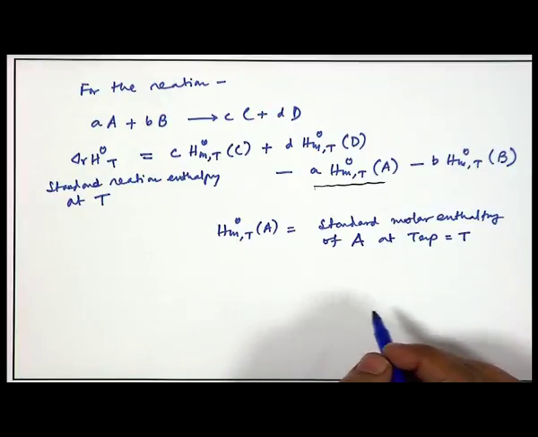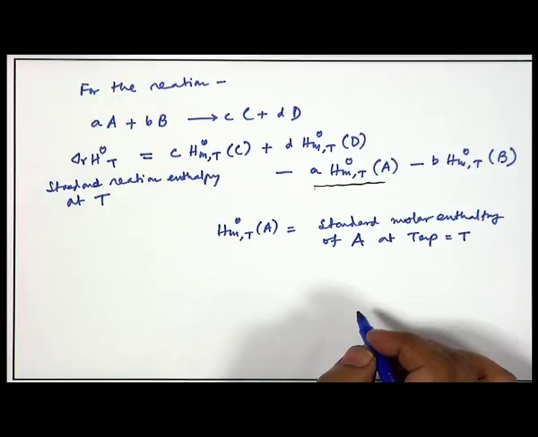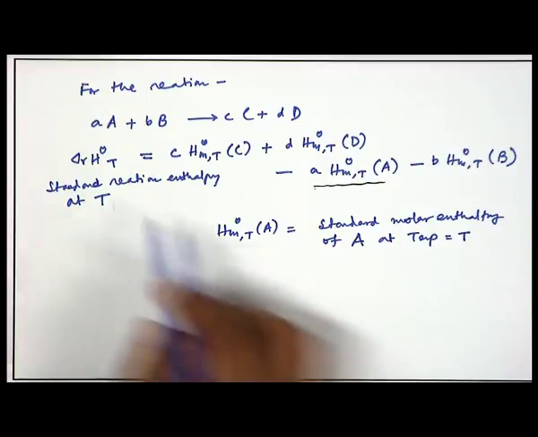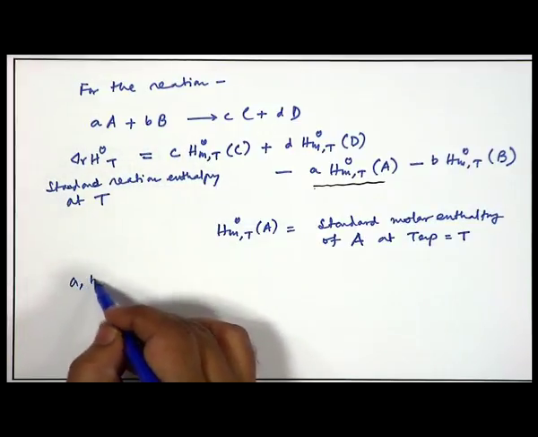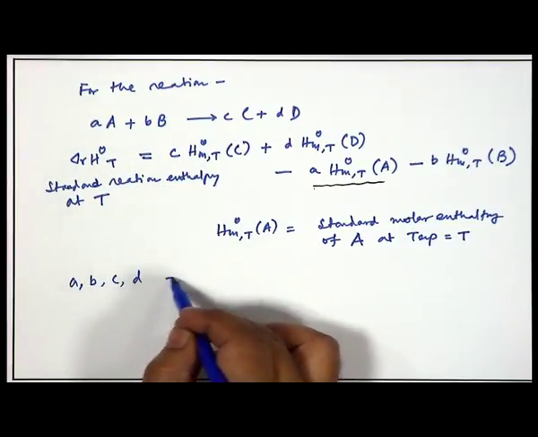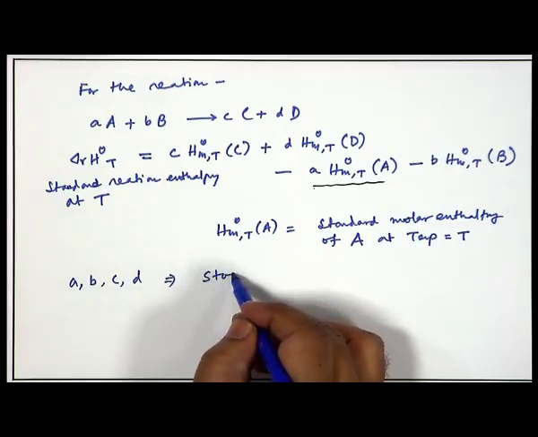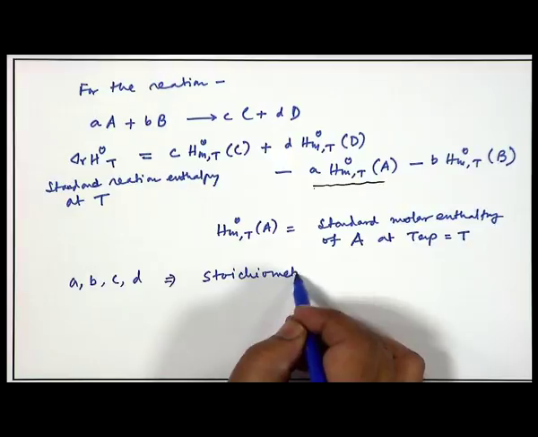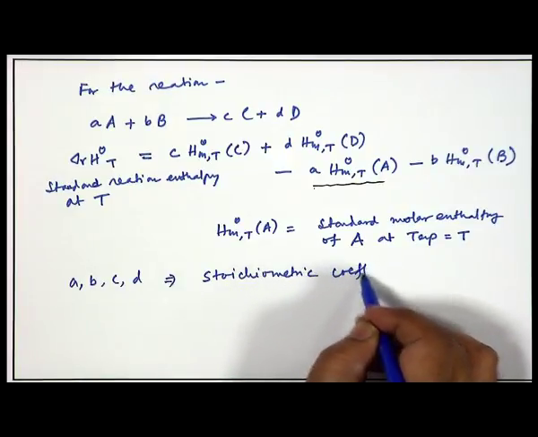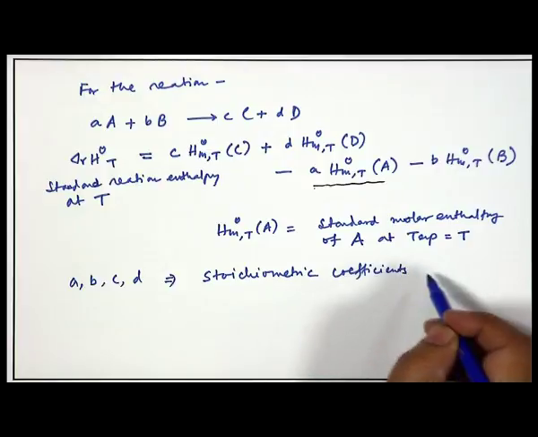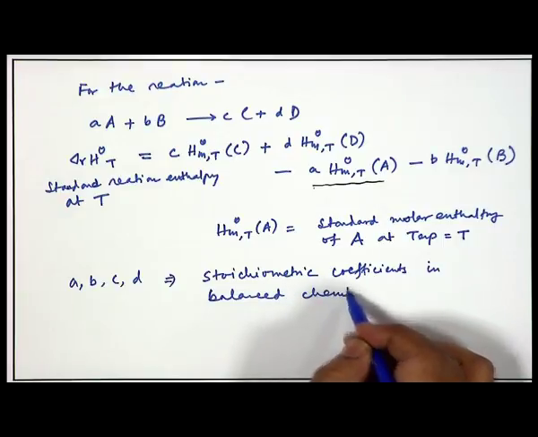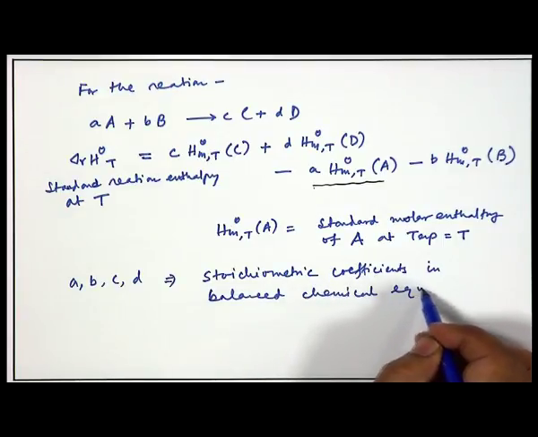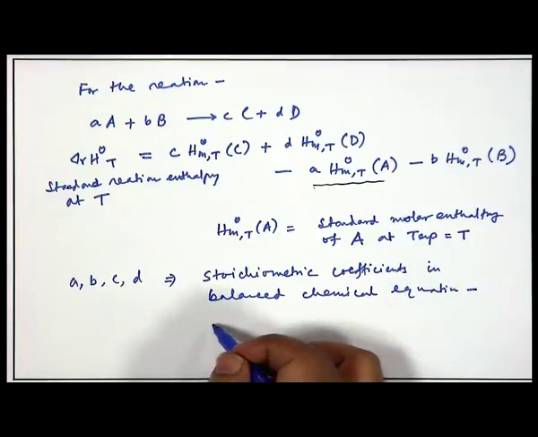We can write an expression. Now, we can also imagine that all these numbers A, B, C, D, what are these? These are stoichiometric coefficients in a balanced chemical equation, which means they are unitless.